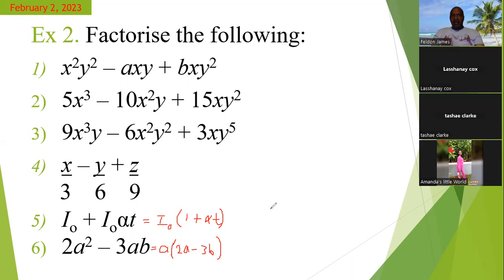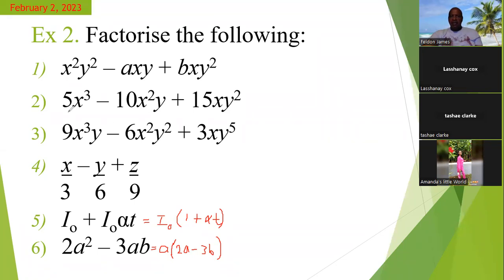Why do we use the highest common factor? As I would have mentioned before, when we think about factors, you can think about the numbers that you multiply to get a product, or you can think about a number that can go into another number. So for instance, for the second question where we have 5, 10, and 15 in each term, we are looking for the highest number that can divide 5, 10, and 15 without a remainder.